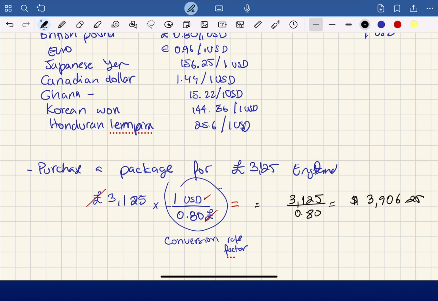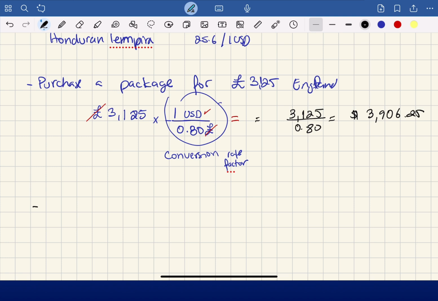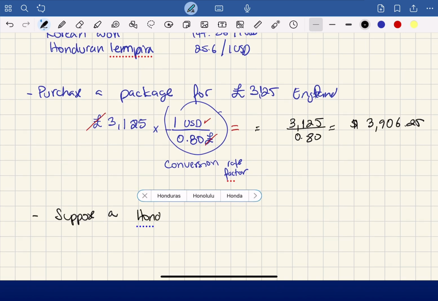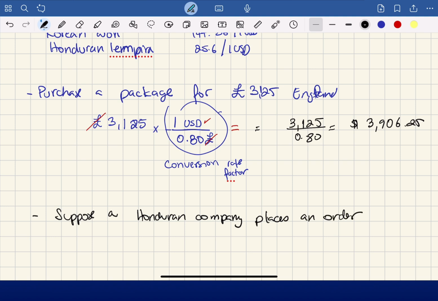Now let's do one other example. Let's say a Honduran company places an order for a material that costs 20,000 US dollars.